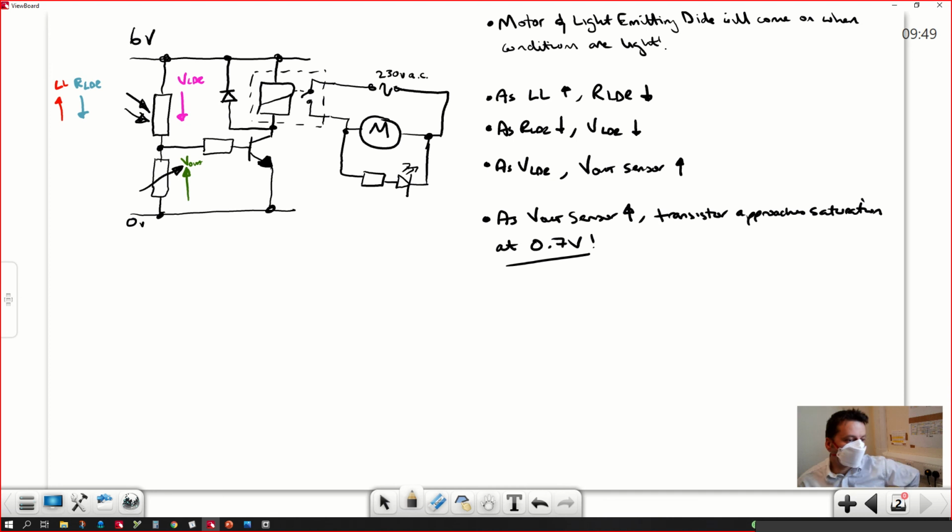When the transistor saturates, it switches on, and the relay energizes.